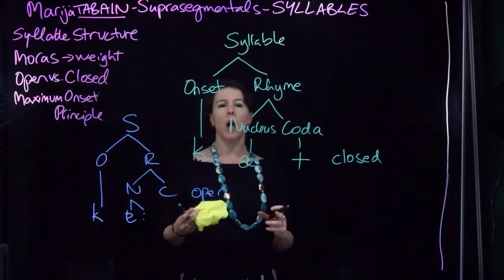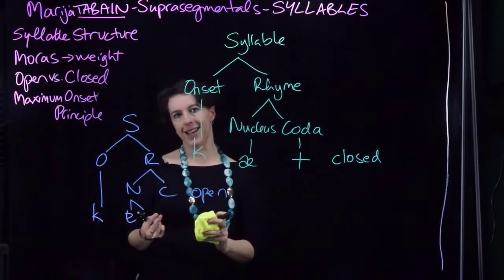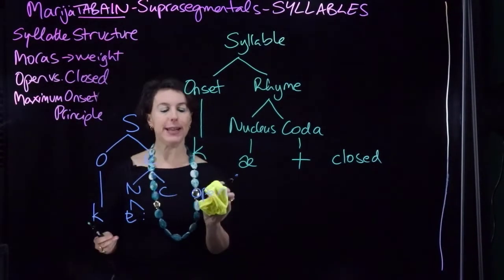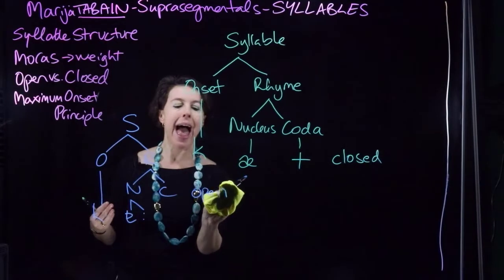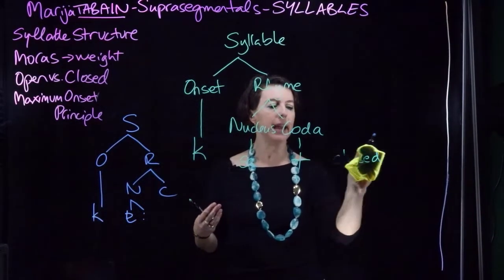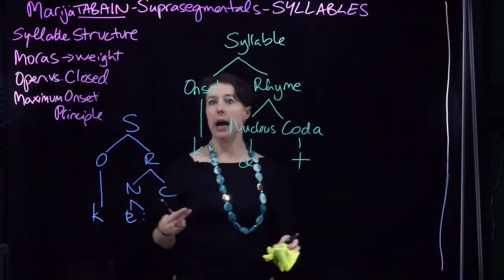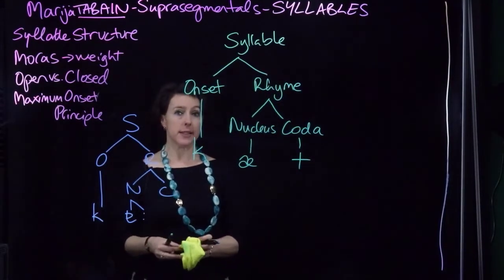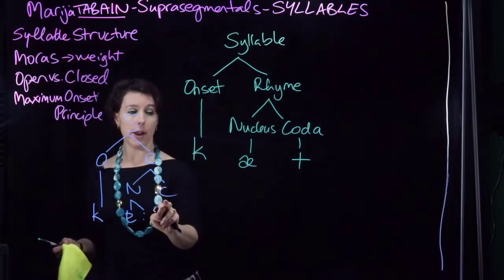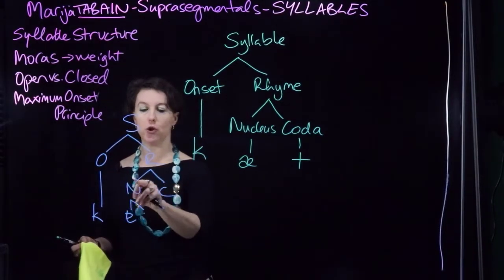The other way we classify syllables is through syllabic weight, and for this we need to count something called moras. Again, for moras, we just ignore the onset. The onset just doesn't matter, and this time we're not paying attention just to the coda, we're also paying attention to the nucleus.